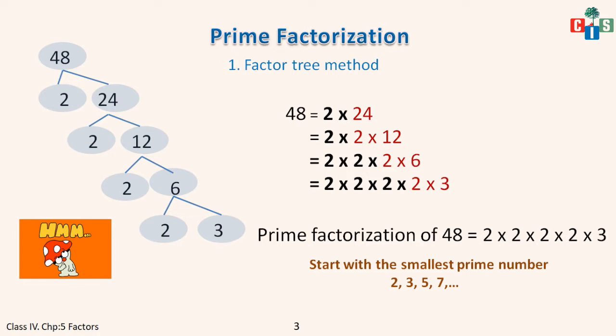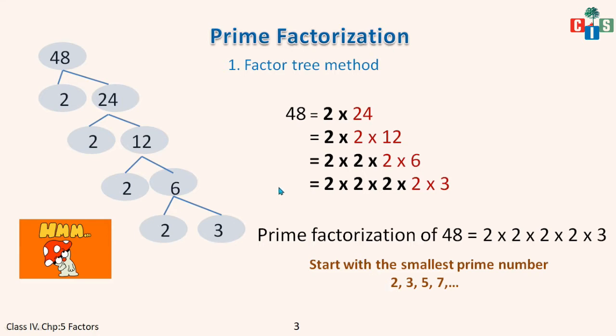When you represent a number as a product of prime numbers, that is known as prime factorization. I told you that you can break down a number, break it and break it till you get all the numbers as prime numbers. This is the trick we use. So I hope you remember that.